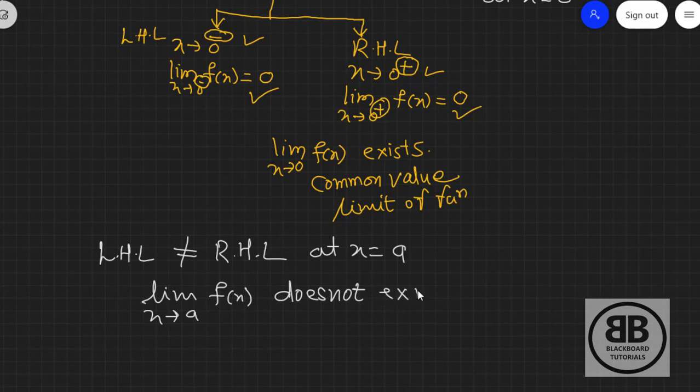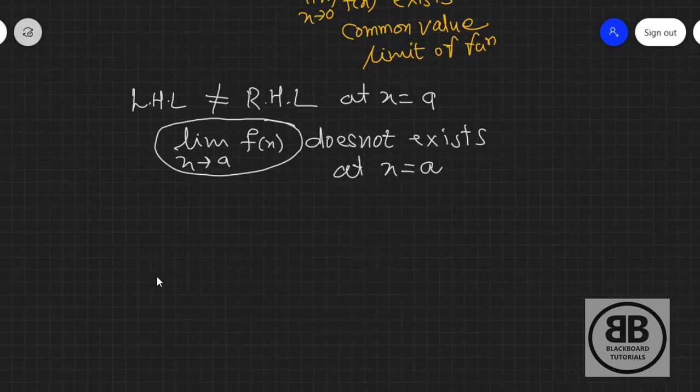Okay, it does not exist at x is equal to a. So if the limit is to exist, then the left hand limit and right hand limit should be equal, and that equal value is denoted by this. So this is called the limit of a function.